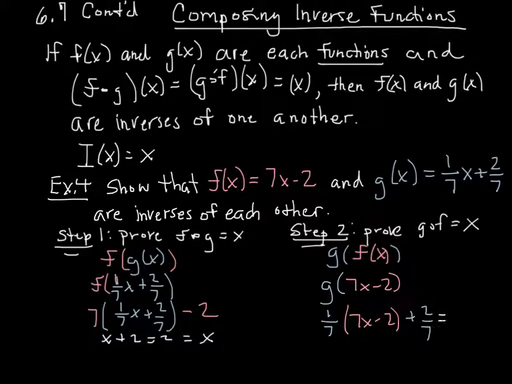Simplified, that equals x minus 2/7 plus 2/7, which equals x. So as you can see, both f of g equals x and g of f equals x. Thus we know the functions f of x and g of x are inverses of each other.